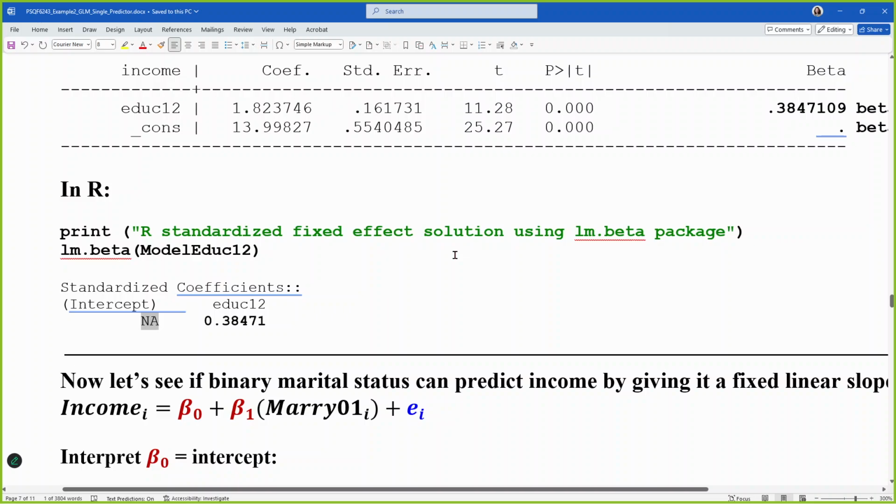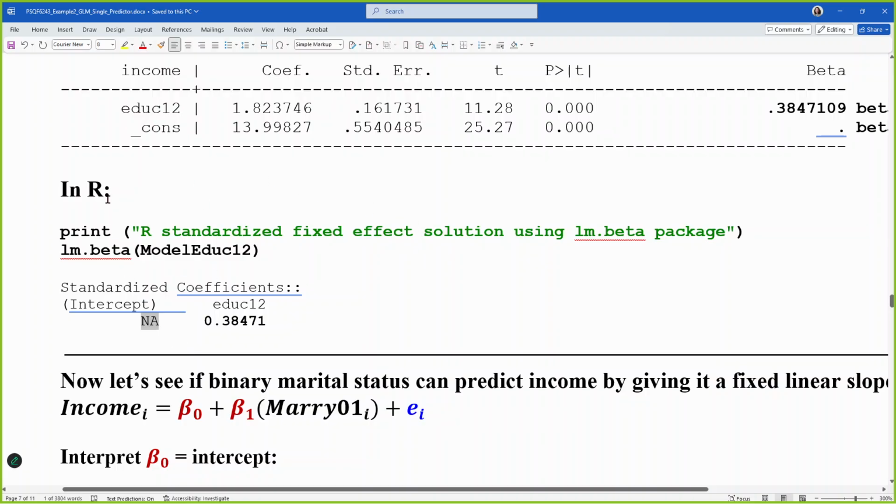All right. Anything you want to ask about or clarify? So standardized slope of 0.38. That's what we just learned. Question. Would this be the same if you ran it for your original model of education that wasn't centered? Yes, it would. The only thing that would look different, like in the code for R, is that name would be different. That's right.